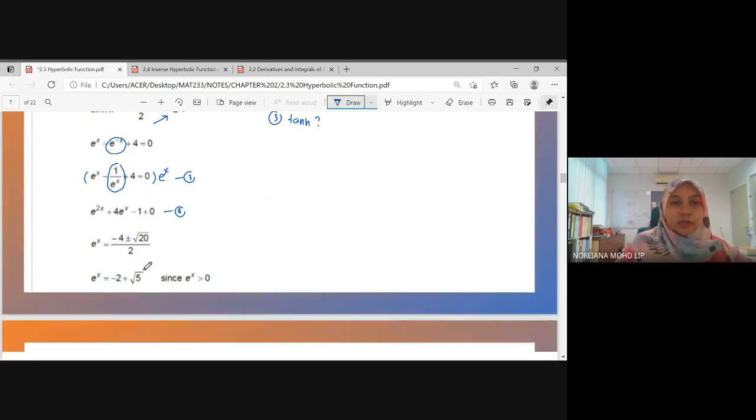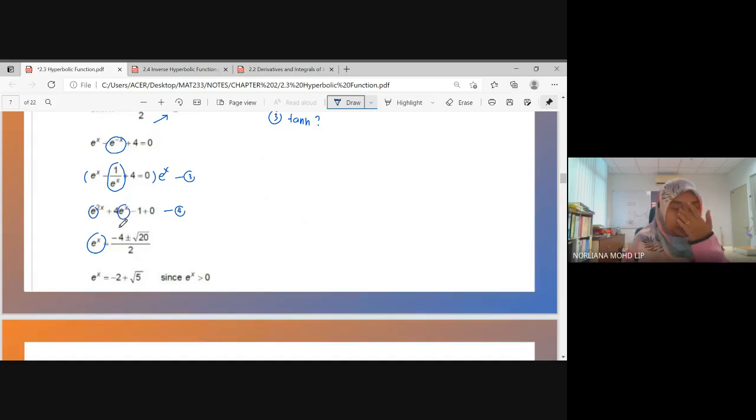Okay, then we want to find the value for exponent x, the variable exponent x. This will become a quadratic equation, so you have to use the completing the square method.